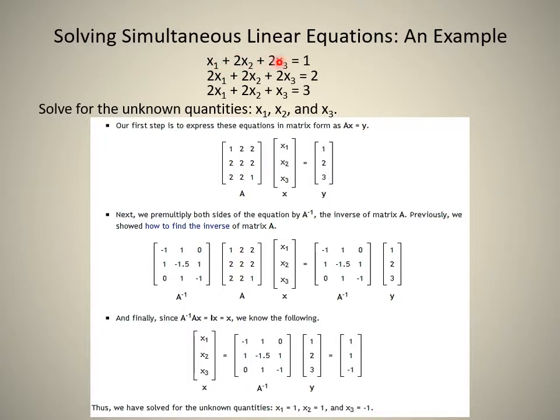So the first element will be x1, the second element x2, and the third element in this column vector would be x3. So x1 equals 1, x2 equals 1, and x3 equals minus 1. That gave us the solution to our 3 unknowns.